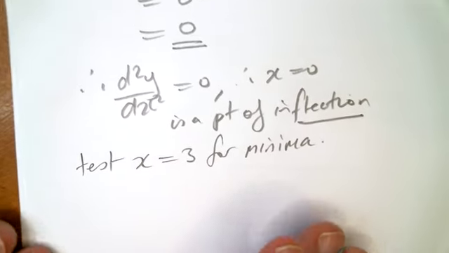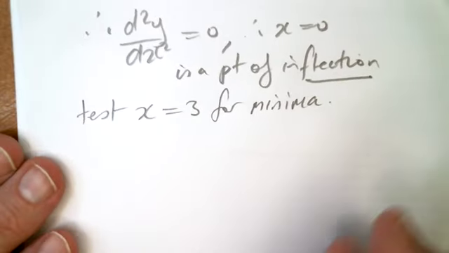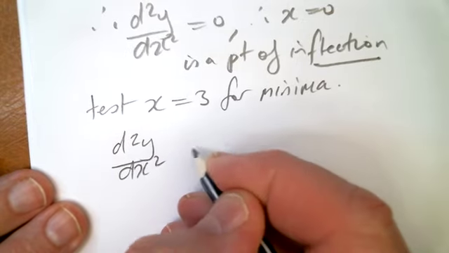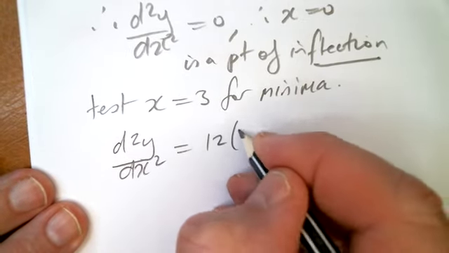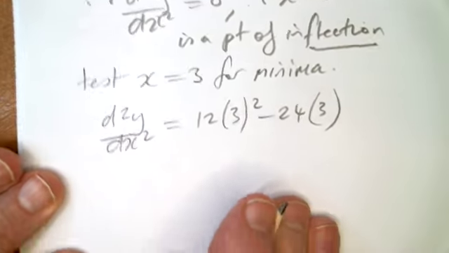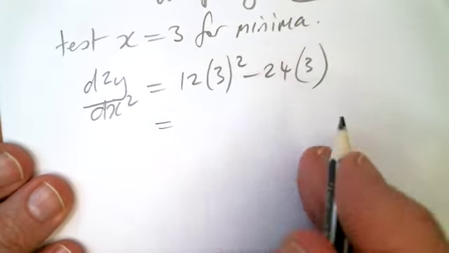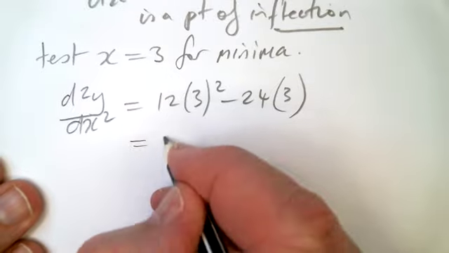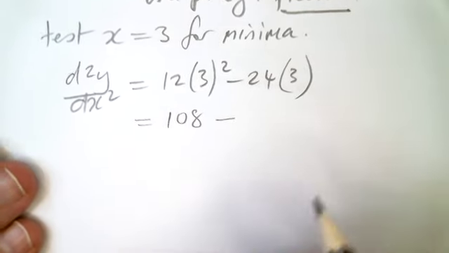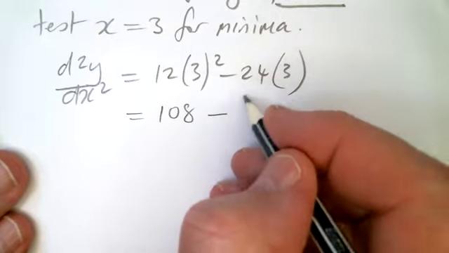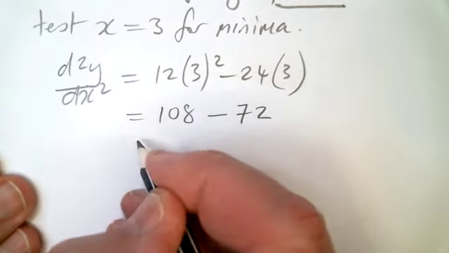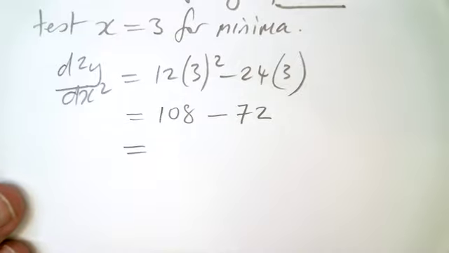All right, so now we're going to have d squared y over dx squared is equal to 12 times 3 squared minus 24 times 3. Well, 3 squared is 9, and 9 12s are 108. Minus, well, 24 times 3, that's going to be 72. And this, of course, is going to be a positive number.